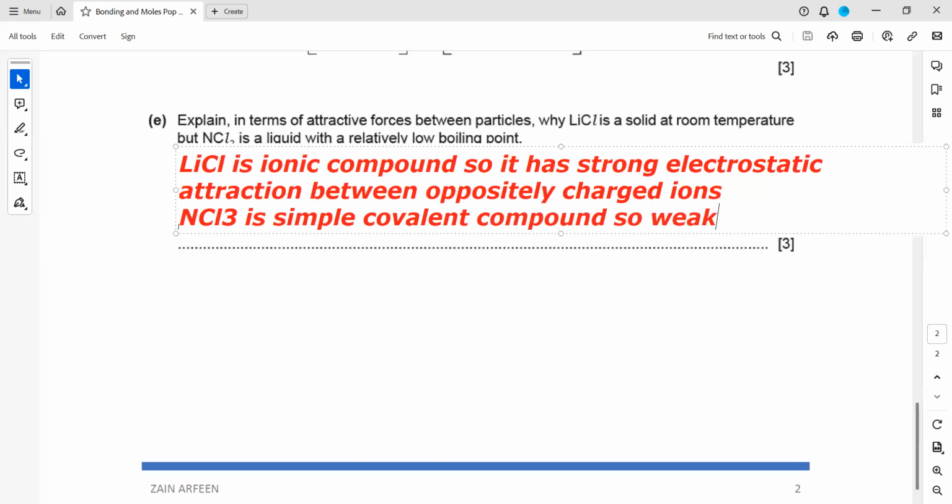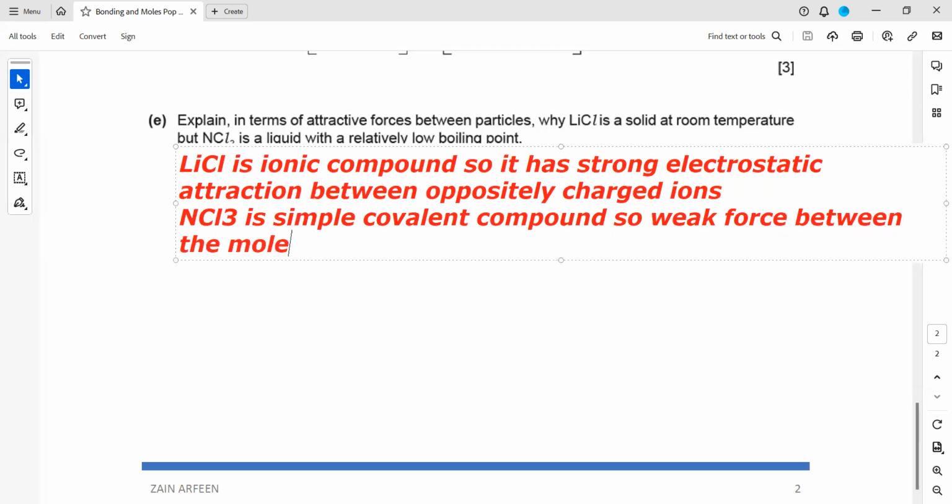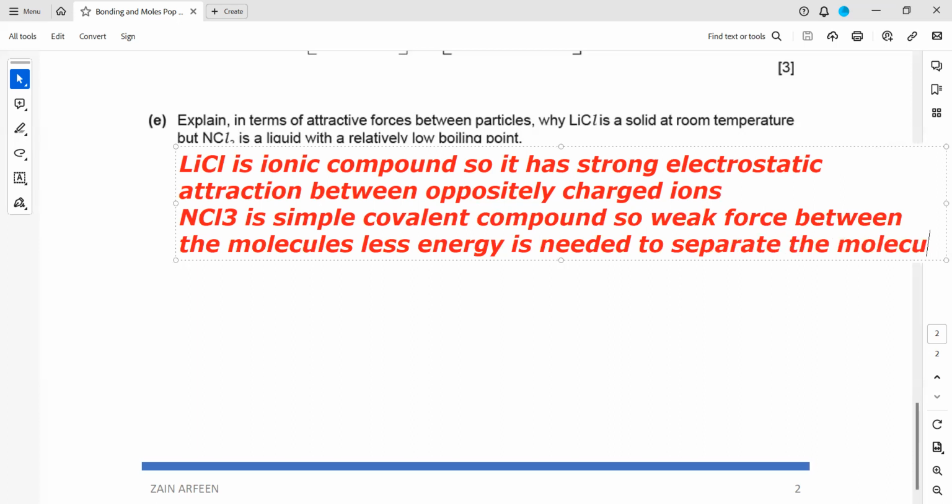So there is a weak force between the molecules, so less energy is needed to separate the molecules. That's why it has a low boiling point. Whenever they refer to a boiling point, you should always use the term energy. Is it clear, this one?